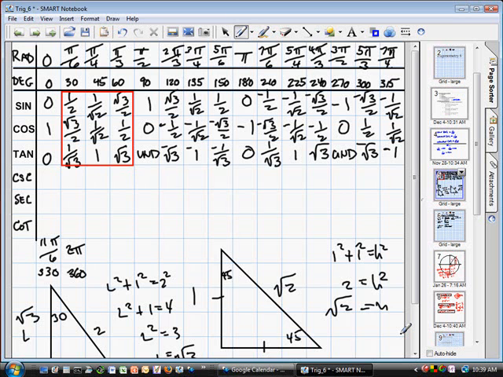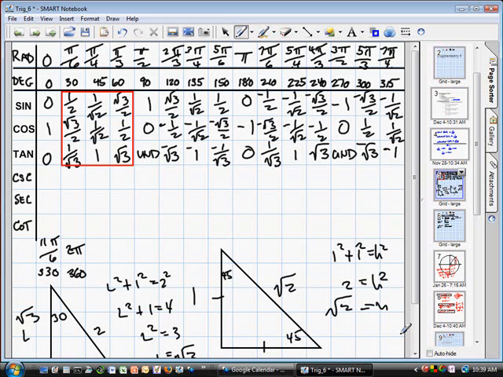Yeah, we need a little drum roll. See, you can't take the reciprocal of a 0, you know that. And you sure can't take the reciprocal of a UND. I don't even know what a UND is. Well, it's an unknown number. How can you take the reciprocal of something unknown? So, with those 2 exceptions, let's fill this in.